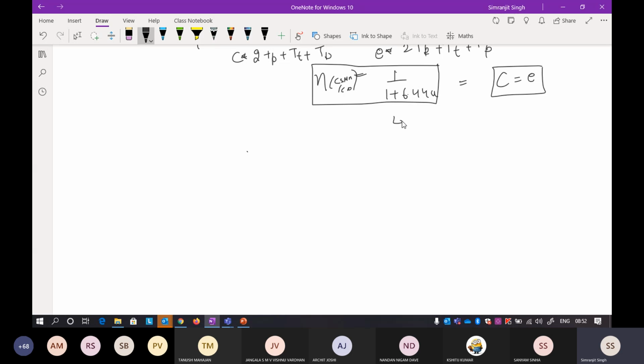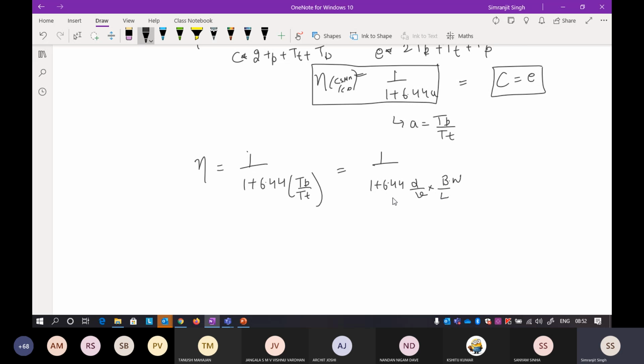Now here a is TP by TT, where TP is distance over velocity, and TT is length of the packet over bandwidth.